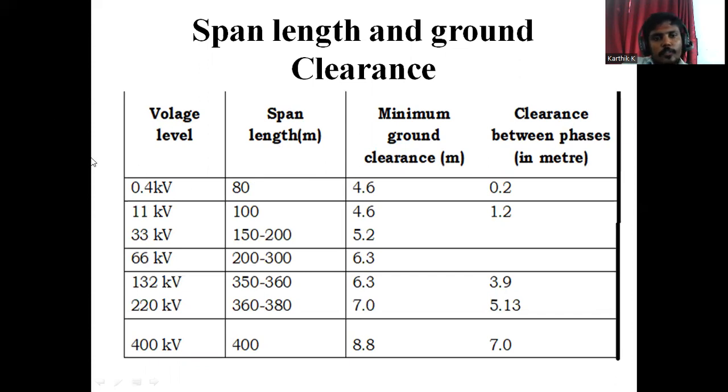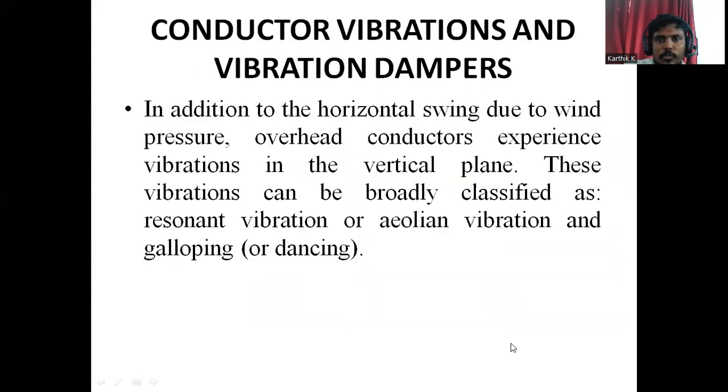For low level 0.4 kilovolt, span length equal to 80 meter, minimum ground clearance 4.6. For 11 kilovolt, span 100, minimum ground clearance 4.6, phase spacing between conductors 1.2. For 33 kilovolt, span 150 to 200, minimum ground clearance 5.2. For 66 kilovolt, span 200 to 300, minimum ground clearance 6.3. For 132 kilovolt, span 350 to 360, minimum ground clearance 6.3. For 220 kilovolt, span 360 to 380, minimum ground clearance 7.0. For 400 kilovolt, minimum ground clearance 8.8.